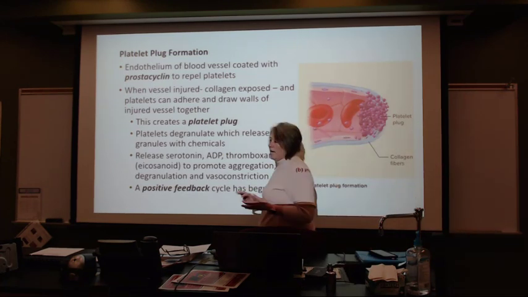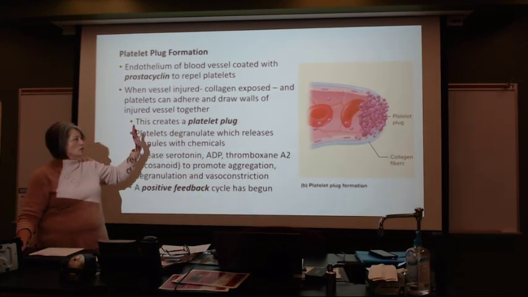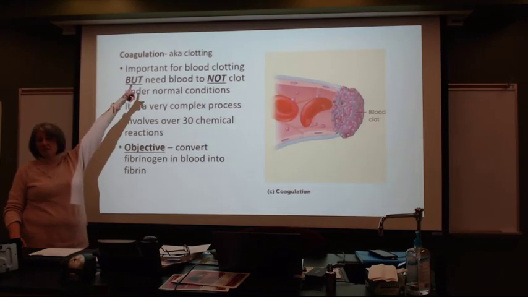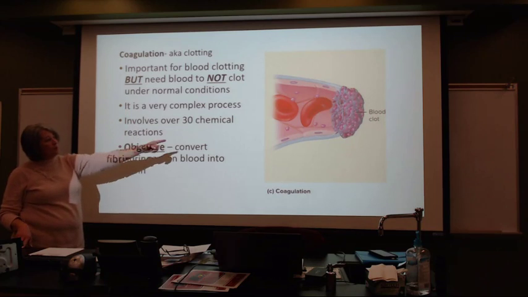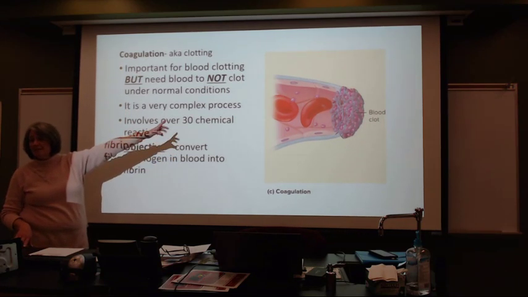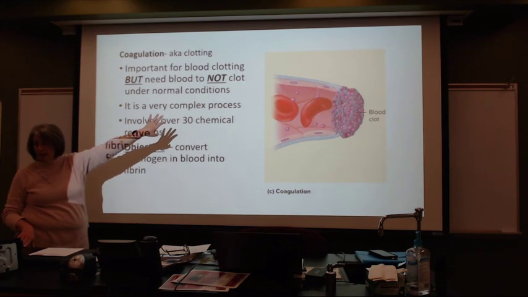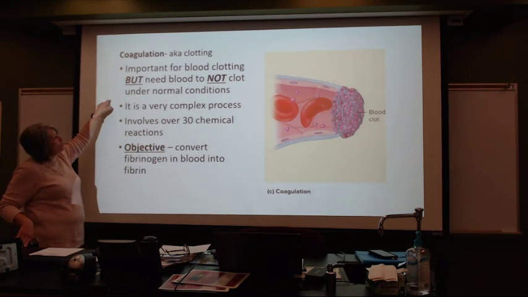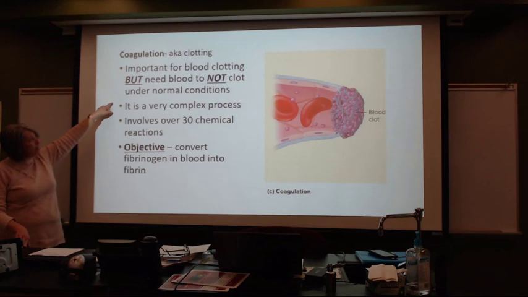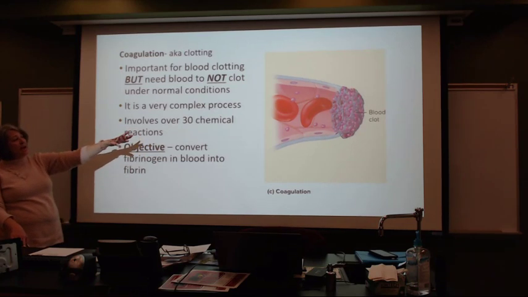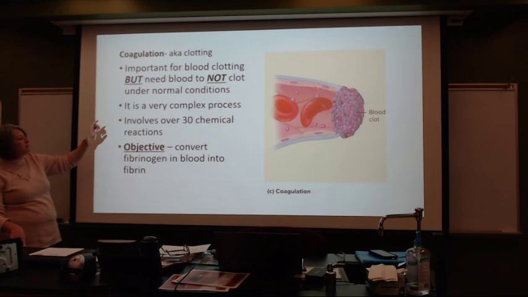Hopefully, once we have our platelet plug, the next thing we need is the clotting to occur. Note, these platelets and blood pieces and everything are kind of contained in the mesh. The clotting factors that will come up will help this process to continue and healing to take place.